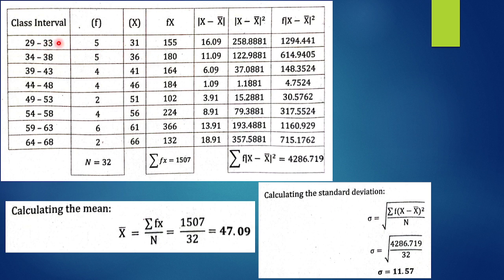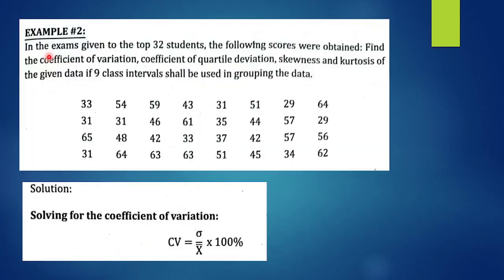We can say that our class size is still 5. If you are confused about the class size, go back to the previous topic on measures of central tendency and you will know how to get the class size. Now, it should be 9 class intervals as stated here.